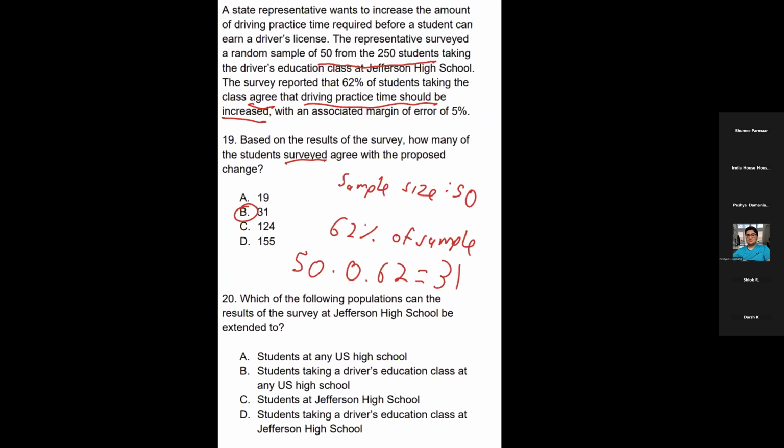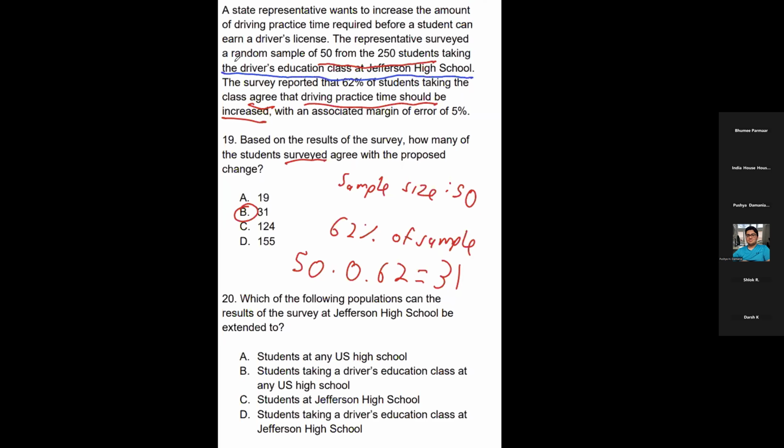Okay, so for question 20, which of the following populations can the result of the survey be extended to? Well, the results of any experiment or survey can be generalized to where you pulled the sample from. And so in this case, we pulled the sample from the driver's education class at Jefferson High School.